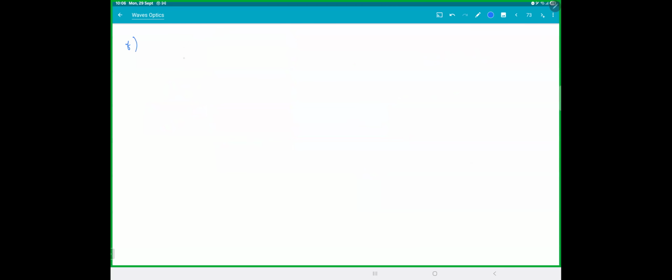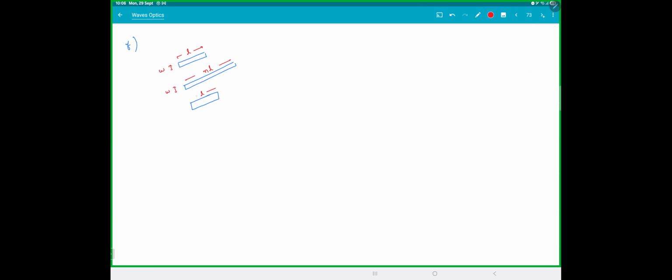Next thing, what happens if you have slits of different size? Let's say we have slits of length L and width W. Let's say this is NL, width is the same.